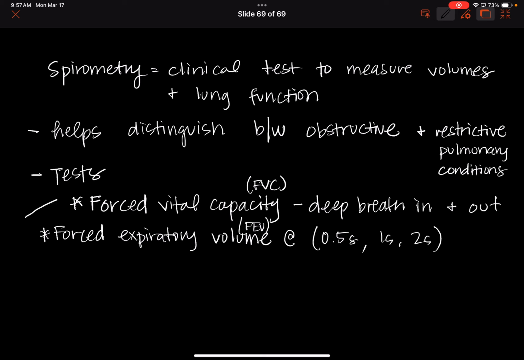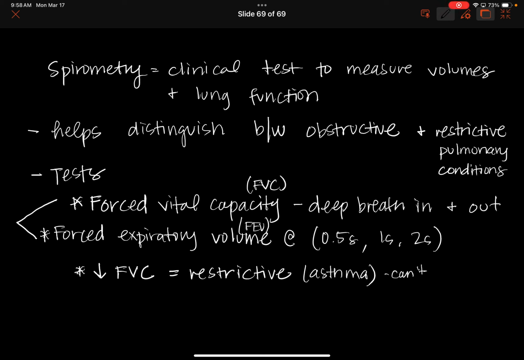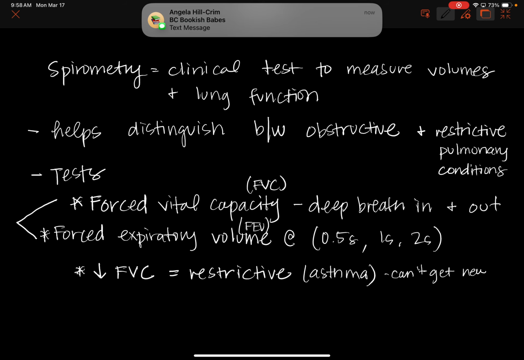So from these two different volumes that they measure, if you have a low FVC, where you take a really deep breath in and out, this usually means you have a restrictive pulmonary condition like asthma, where the issue is that you can't get new air in because your airways are restricted.